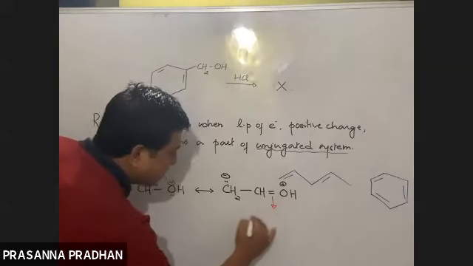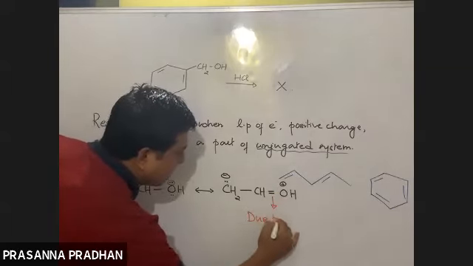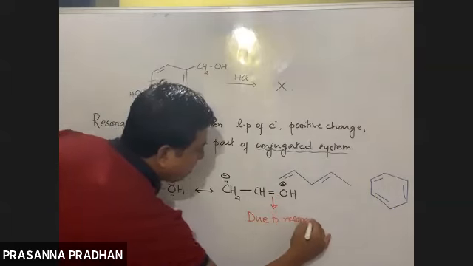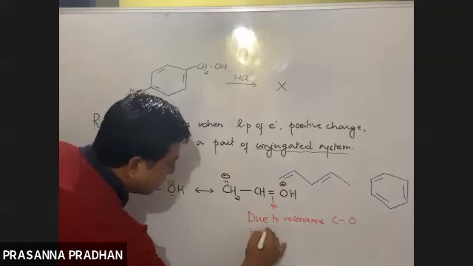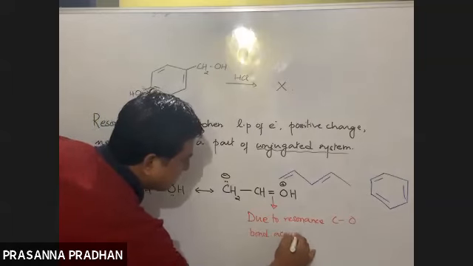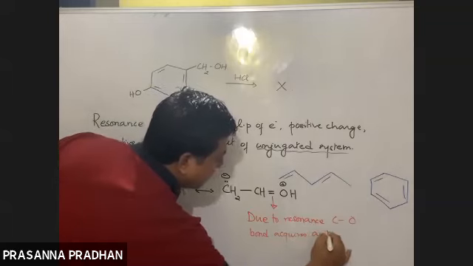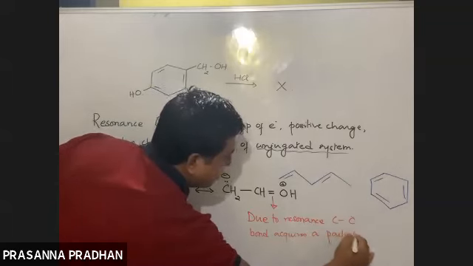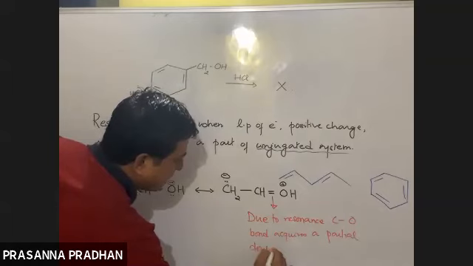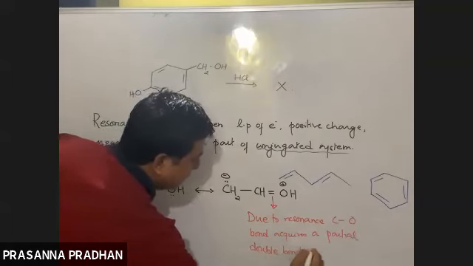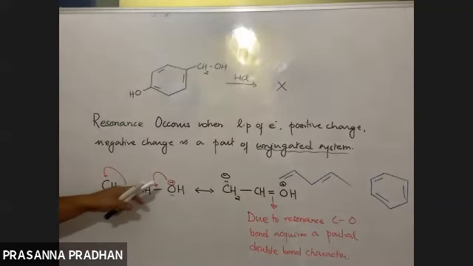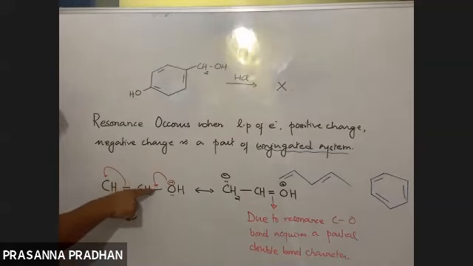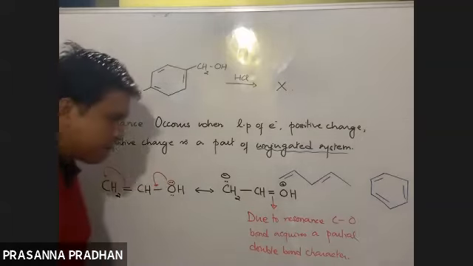So here I can say due to resonance, the carbon-oxygen bond acquires partial double bond character. Got it? Whenever due to resonance an electron pair jumps in, it means a double bond will be created.